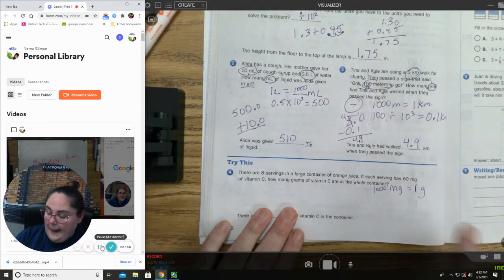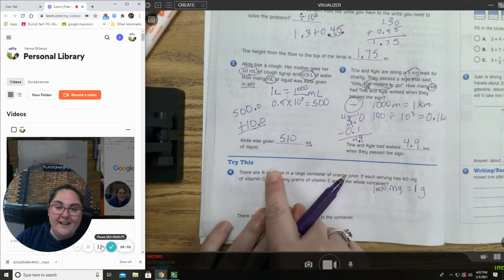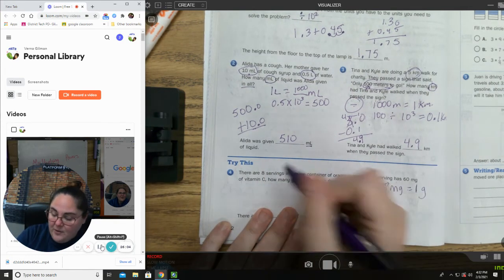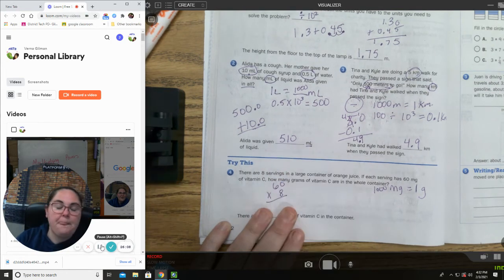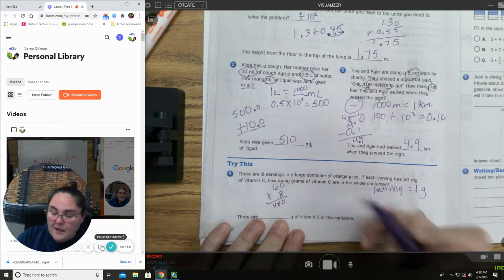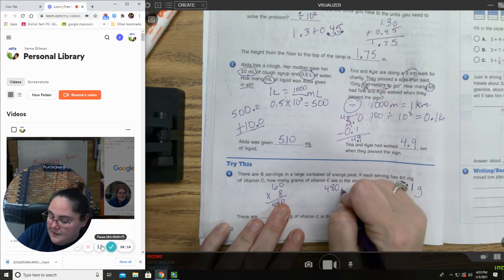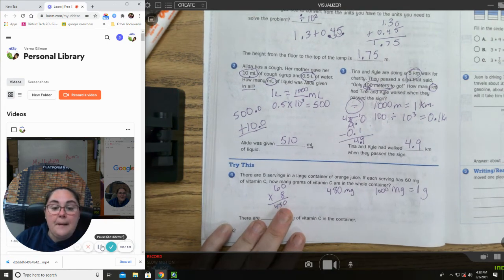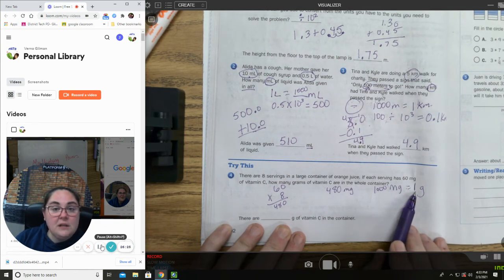All right. Each serving has 60, and there are 8 servings. So that's my first step. I'm going to do 60 times 8. 8 times 0 is 0. 8 times 6 is 48. So in the entire container, I have 480 milligrams. But I need to trade it to grams. So from 1,000 to 1, I'm getting smaller, right?